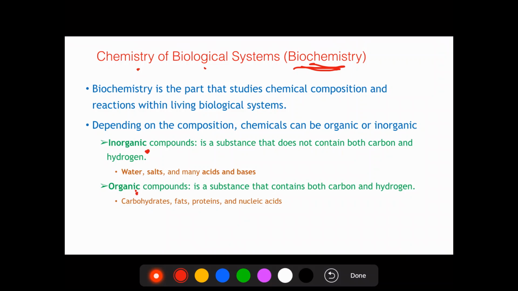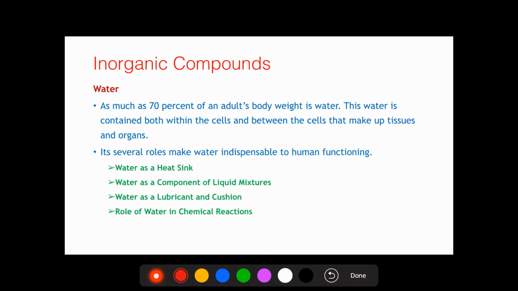The inorganic compounds are basically substances that don't contain carbon and hydrogen, like water, salts such as NaCl, acids and bases. These are all inorganic compounds. Whereas organic compounds are substances that contain both carbon and hydrogen. And we will see four major types: carbohydrates, fats, proteins, and nucleic acids.